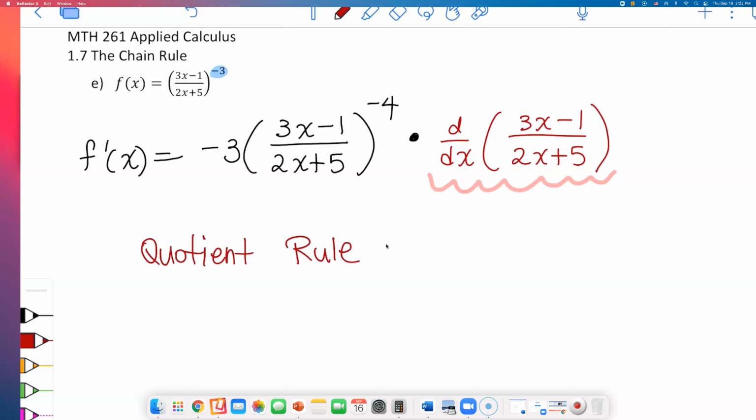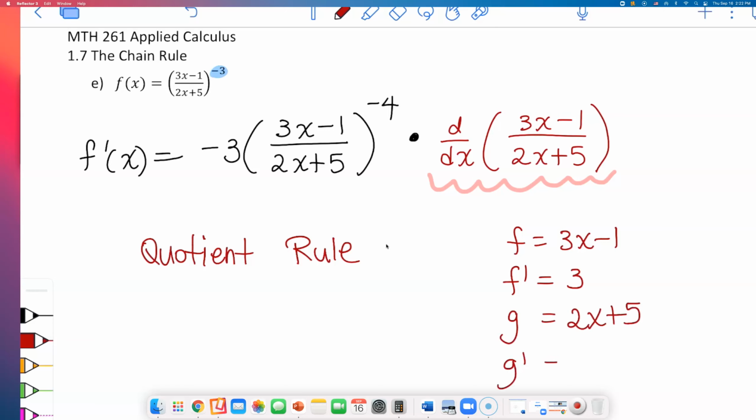I have my f to be 3x minus 1, which means f prime is just 3. G is 2x plus 5, which means g prime is 2. Quotient rule says do g squared in the bottom and do g f prime minus f g prime on top.